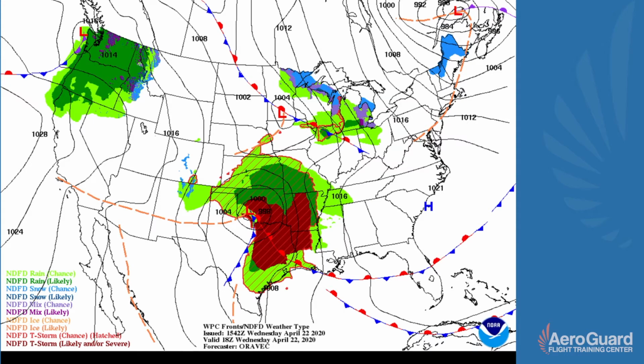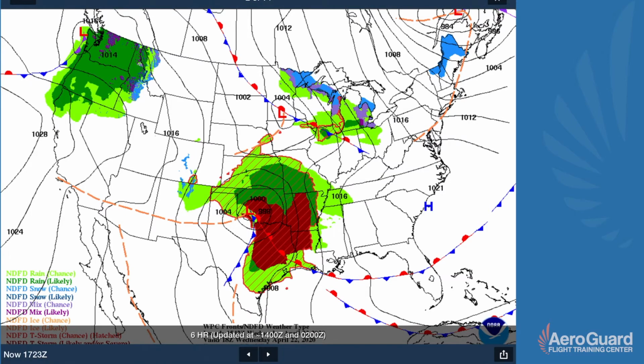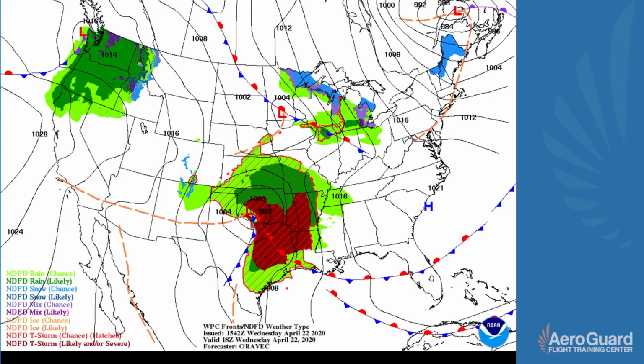We see that there's a cold front and a warm front, and we notice that there is a significant area of green, which is chances of rain, and a lot of areas that are likely rain, and then this big red area, which is an area where they're identifying potential convective activity. And where these two fronts are merging, that tends to make a lot of sense. And all of that is taking place on the eastern portion of Texas, which is pretty close to where our destination is.